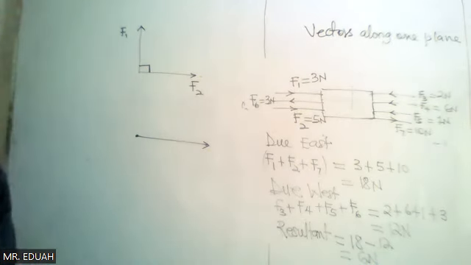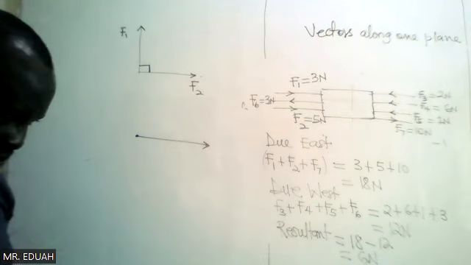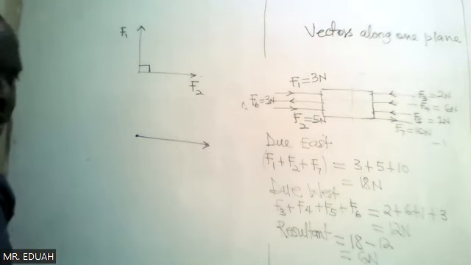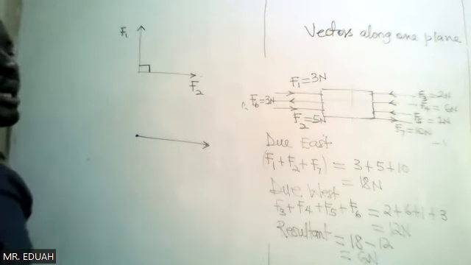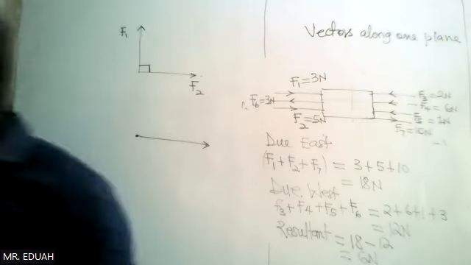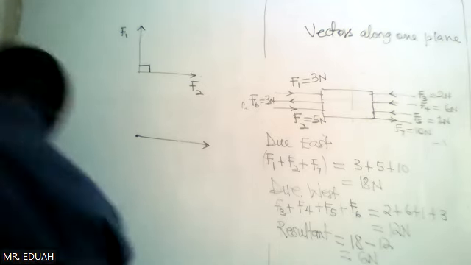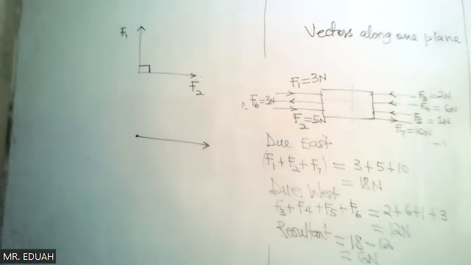Mr. Dia, please, you said equal vectors have the same... Equal vectors have the same magnitude, direction, and they are parallel in space. Okay, thank you. Welcome. I wish I had a straight edge.